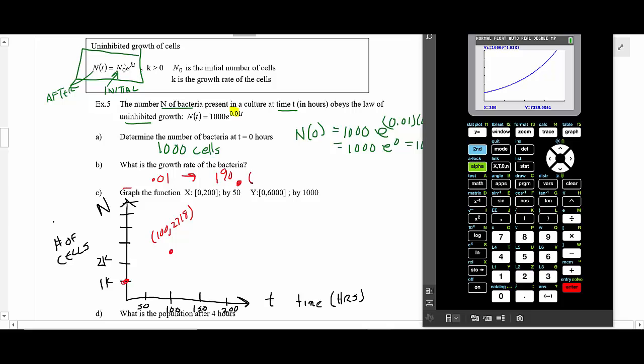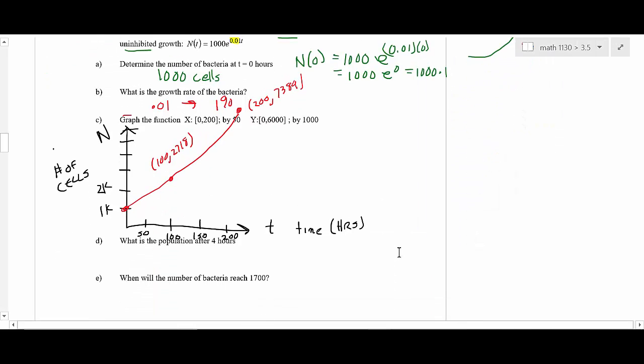So that's going to be 200 and then 7389. Then you can sketch. If you've got 3 good points labeled, then you've got a pretty good sketch. One of the reasons I want you to do the graph on this is that some of these problems I'm going to show you how to answer totally with technology and not necessarily with algebra.